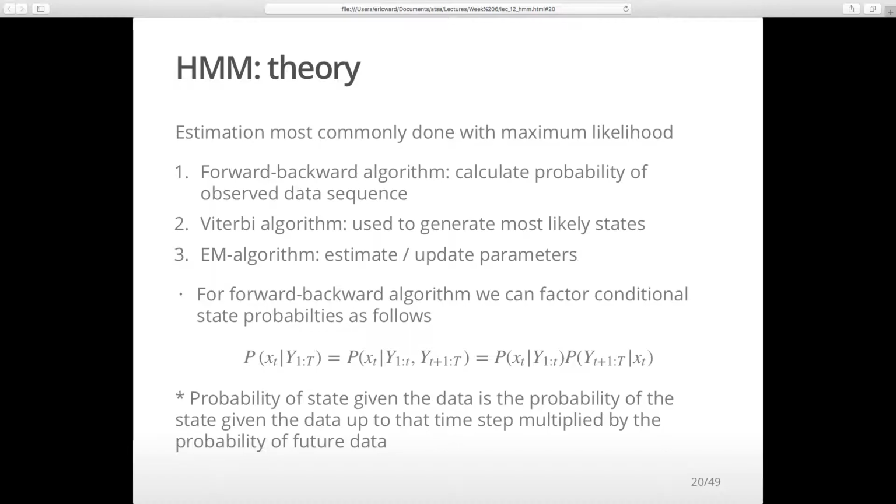So we can then take our likelihood, which is the probability of being in a state at time t given our entire observed data sequence, and factor that into the probability of being in that state given the data up to that point, times the likelihood of all of the future data given the state x sub t where we are now.